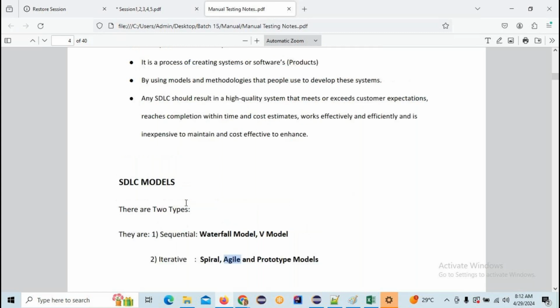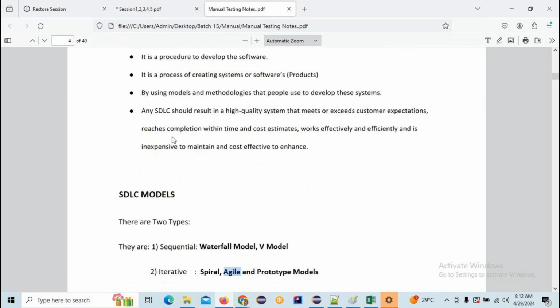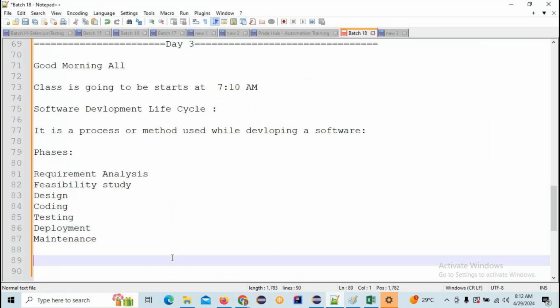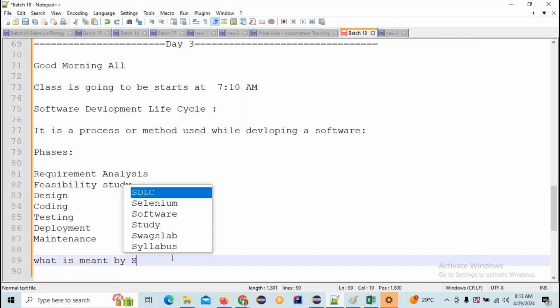Clear so far? Here I explained only two points: what is meant by SDLC, and how many types of SDLCs we have and what they are. Just answer yourself, are you able to understand these questions or not? What is meant by SDLC?